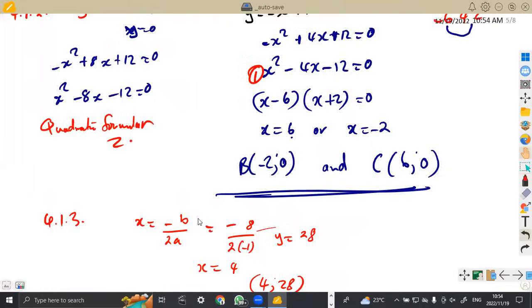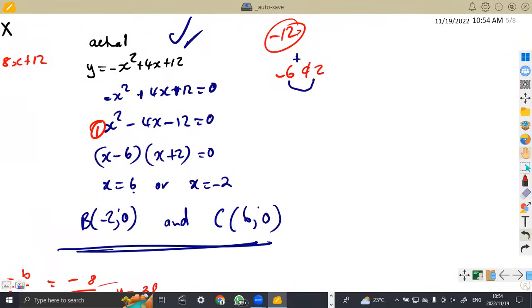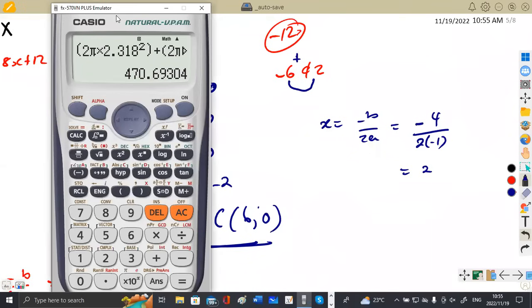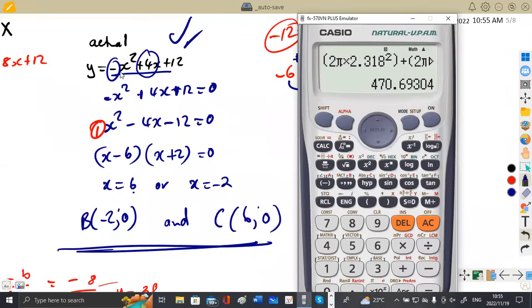If you used this equation, because there are 2 equations there for the graph, it was going to be x is equal to minus b over 2a, which is minus your b this time is 4 over 2a, which is negative 1. So it's 2 times negative 1, which was going to be positive 2. So if x is 2, then you substitute here, which means your y was going to be, we are substituting on this equation now, our x, which is 2.